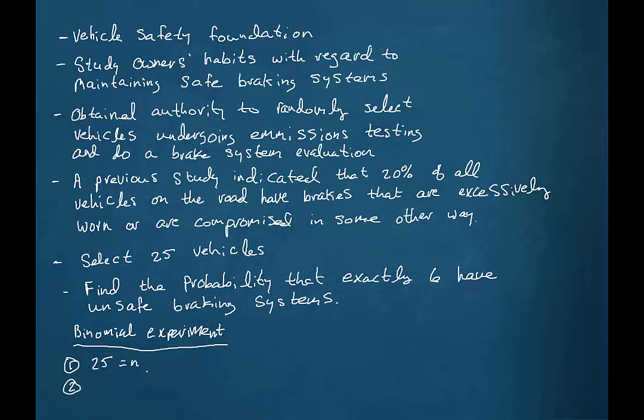The next criteria is that the probability of a success is consistent from trial to trial. So let's identify what a success is by saying let x equal the number of cars with unsafe brakes.